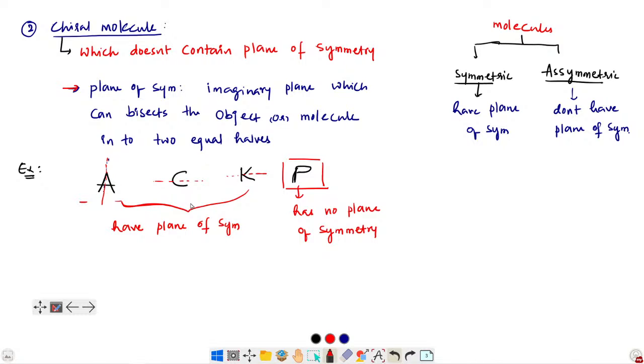So on the basis of this, the molecules are divided into symmetrical and unsymmetrical molecules. Right?